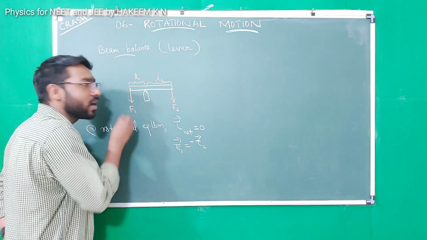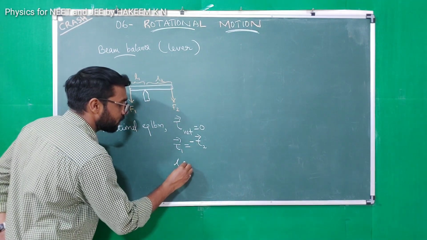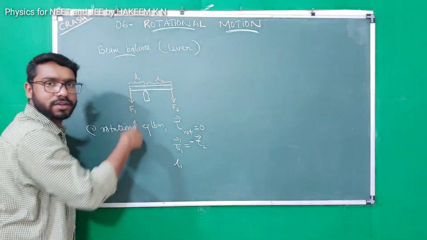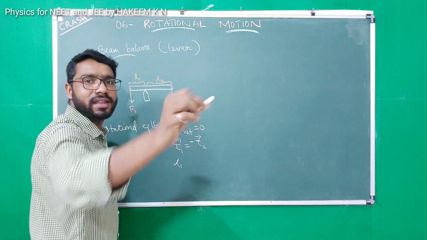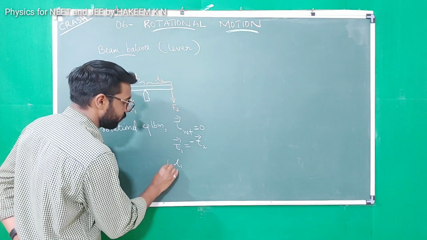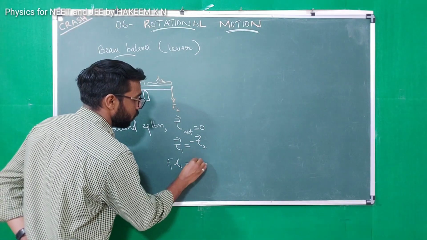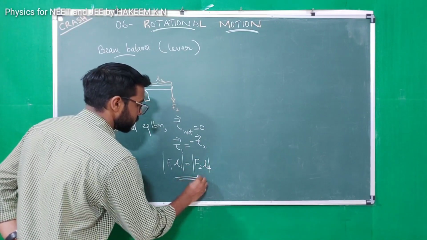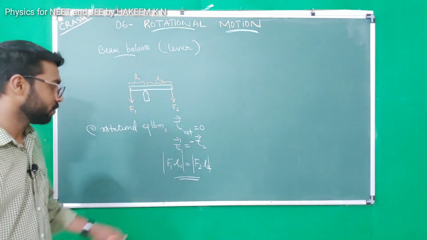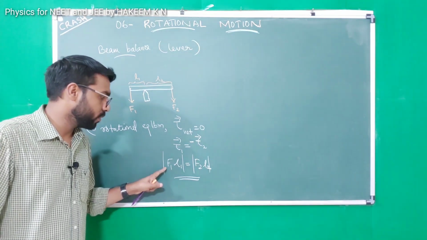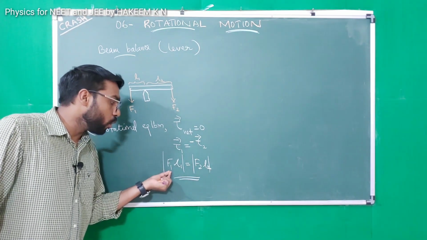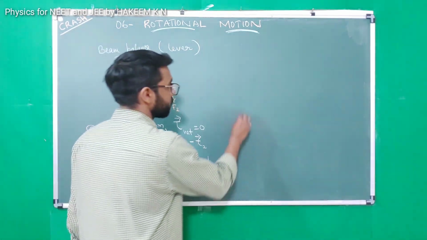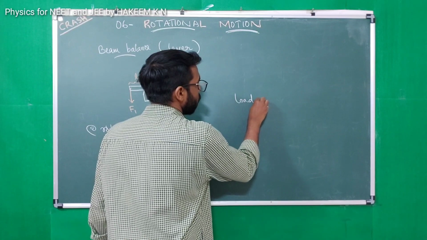Tau 1 is R cross F, here L1 cross F and theta is 90 degrees, no need of sin theta, sin 90 is 1. So L1F, or F1 L1 equal to F2 L2 when we are taking the magnitudes. So we can say load into load arm equal to effort into effort arm.